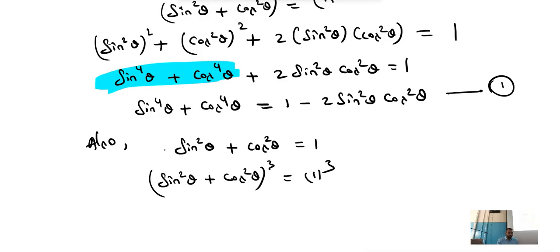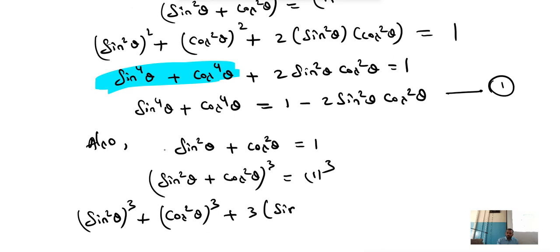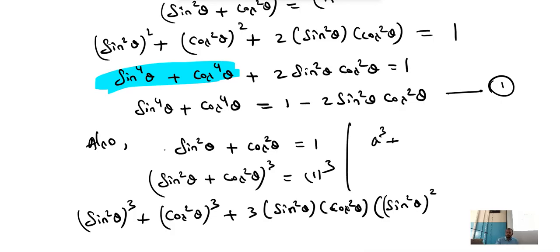Now what is a plus b whole cube? a cube plus b cube plus 3ab into (a plus b).